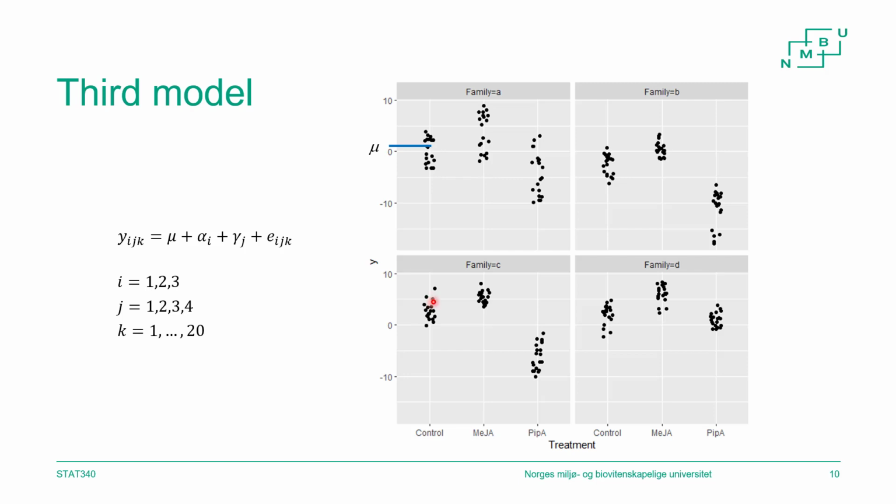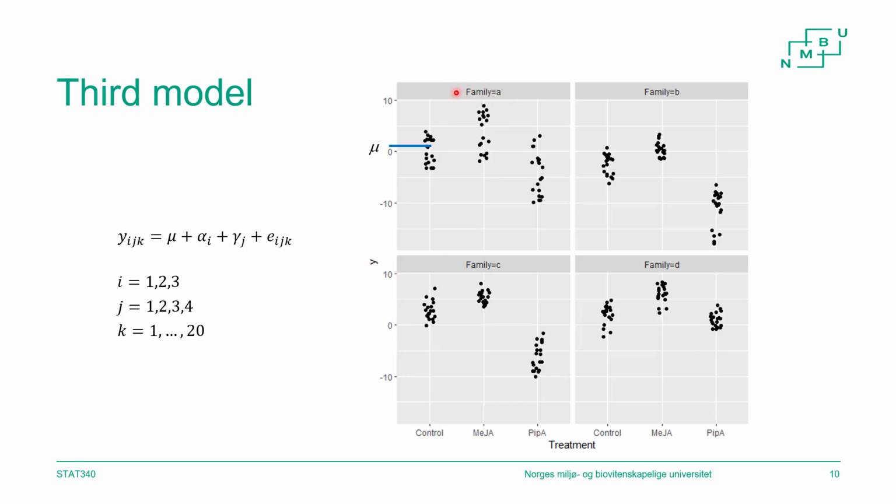So there were 80 control dots in the previous slide. Now it's only 20, because this is the control now, where we have the reference, the control treatment and family A.